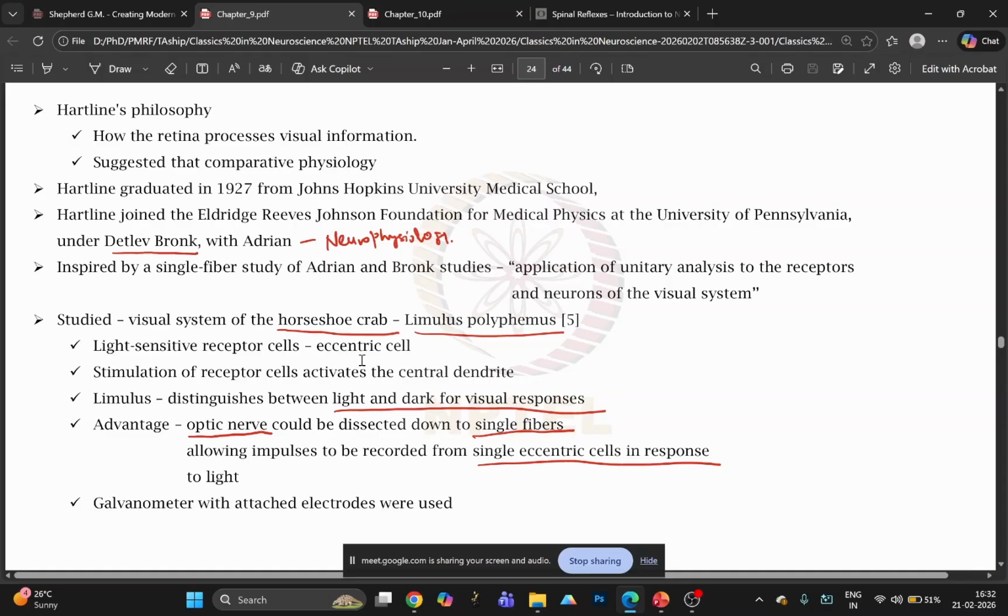Whenever these light sensitive receptor cells get activated, they stimulate the central eccentric cell, the central dendrite. And then the information goes from the eccentric cell via the optic nerve to the visual center.